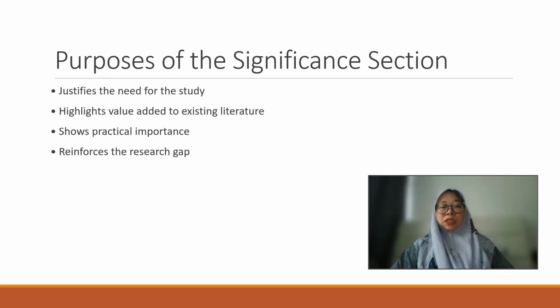The significance section serves several important purposes. First, it justifies why the study is worth doing by linking your topic to a bigger issue or a gap. Second, it clarifies how your work adds value to existing research.